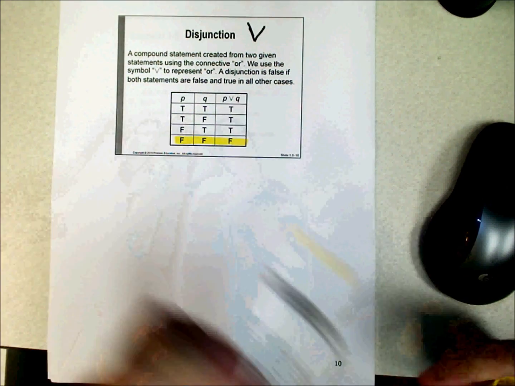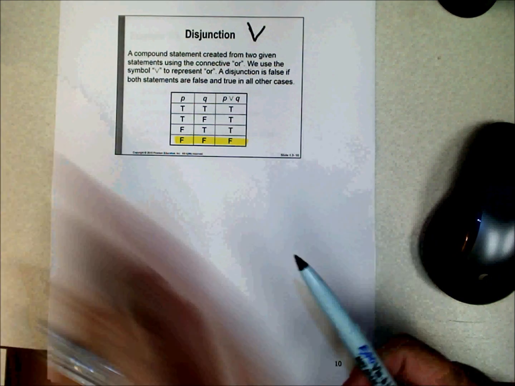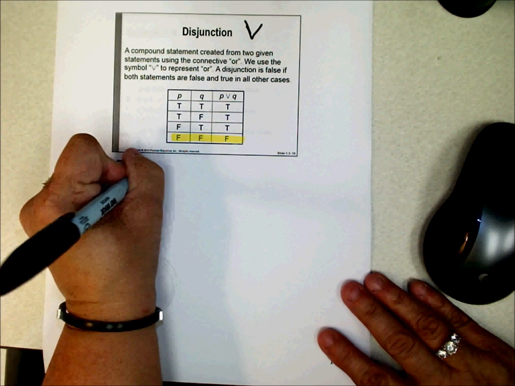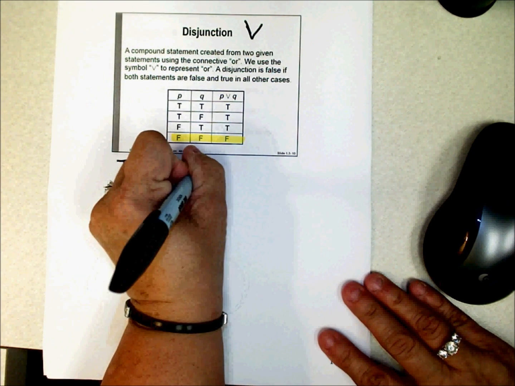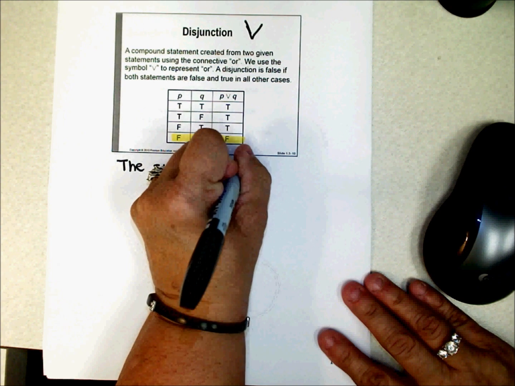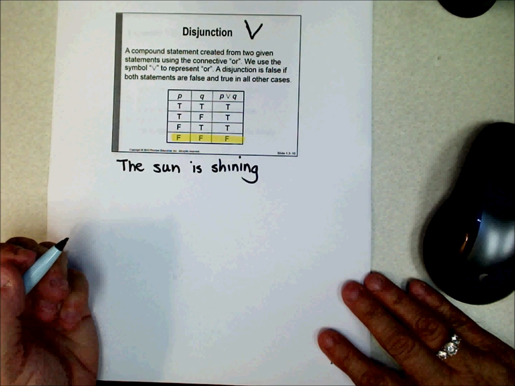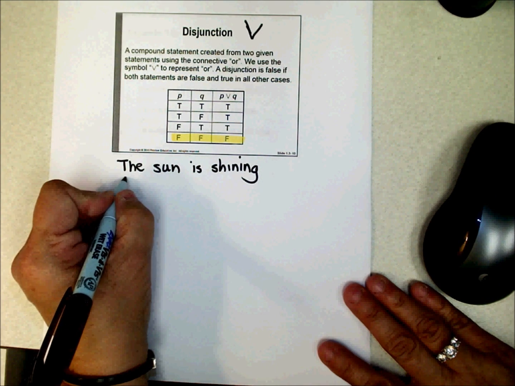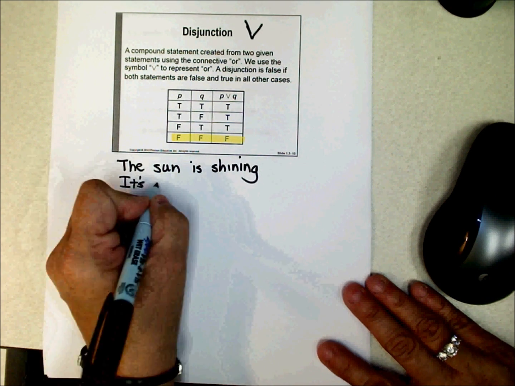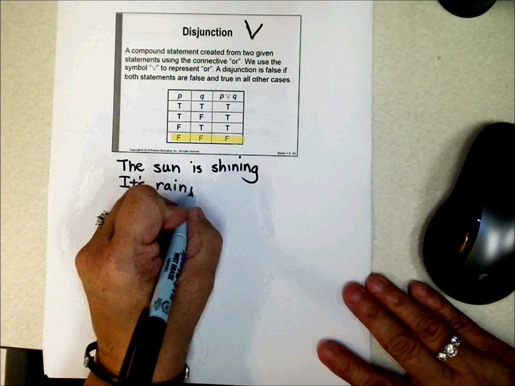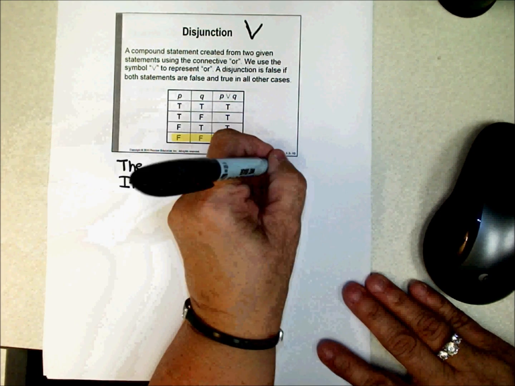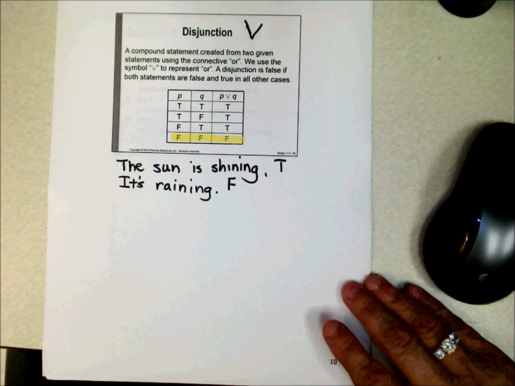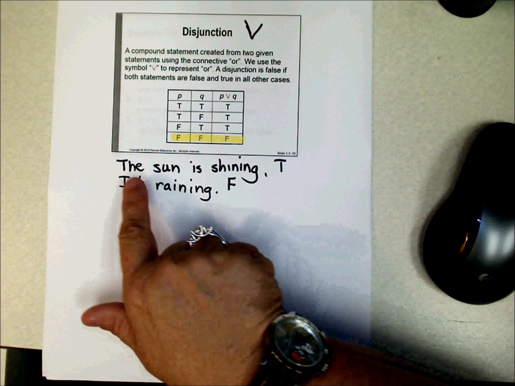For example, I say the sun is shining, and it's raining. This statement's true and this one's false. If I do the disjunction, that means I put the or in between. The sun is shining or it's raining.